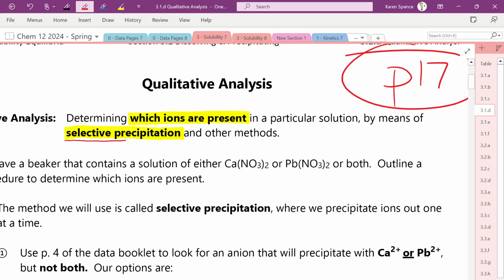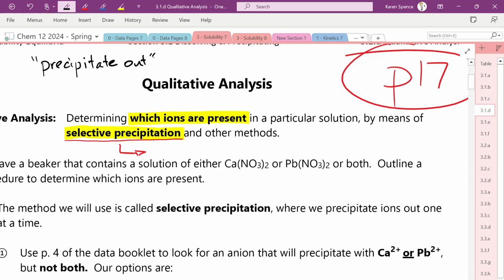And selective precipitation is where we precipitate out the ions one at a time. Do you guys know what I mean when I say precipitate out? I guess. Yep. Is it like if they're not soluble, so you can do it with them?